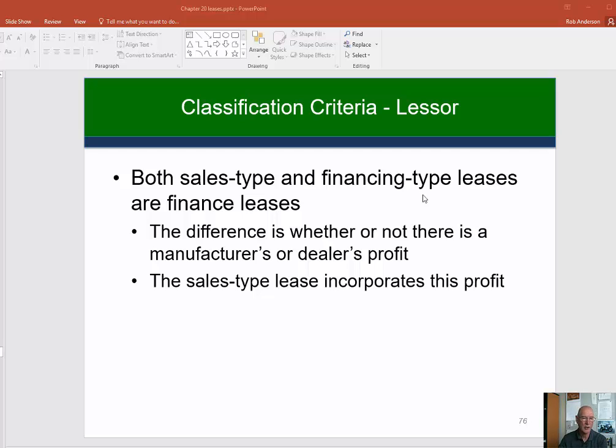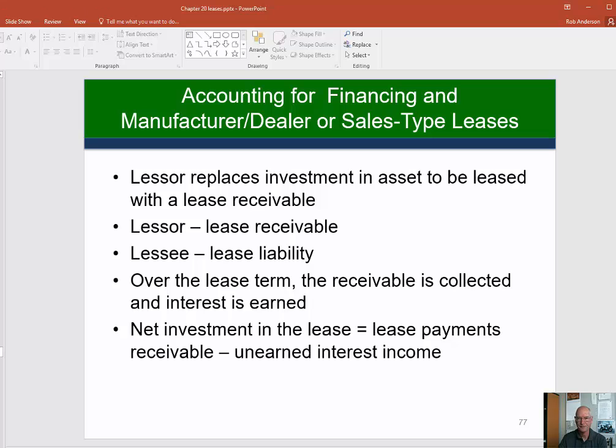So we're going to do an example of each one, but let's just look at a little more detail of how we do these before we move on to our example. So when we're looking at the dealer or sales type lease, of course, they own this item already. Essentially, it could be inventory. Maybe expensive inventory like a vehicle or equipment, but it's still a type of inventory.